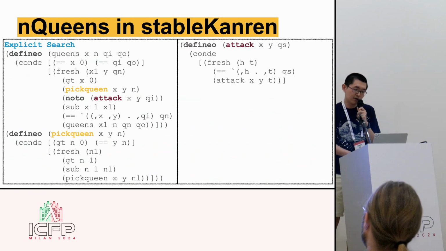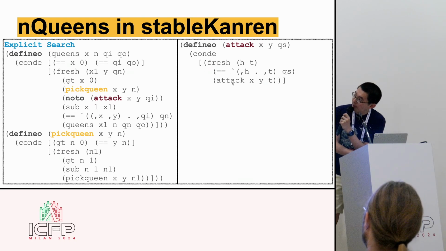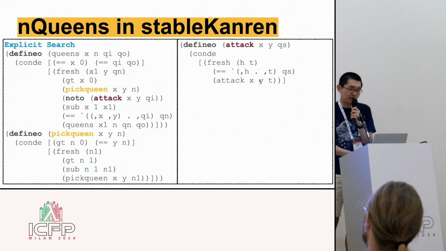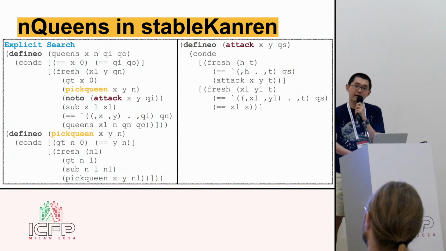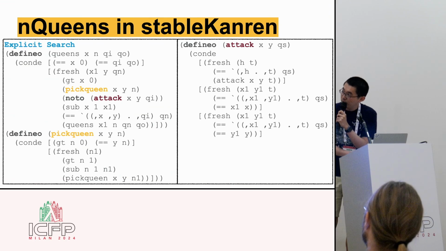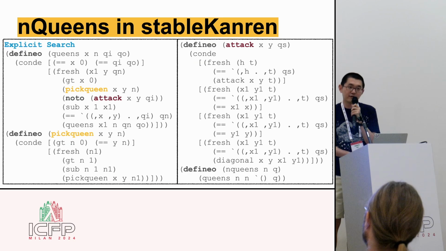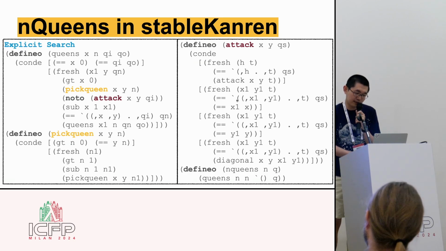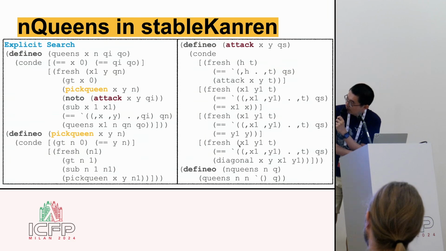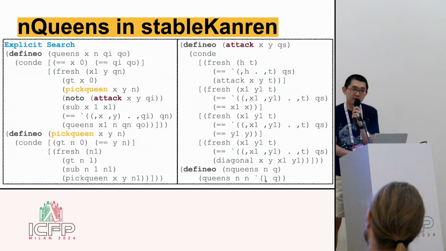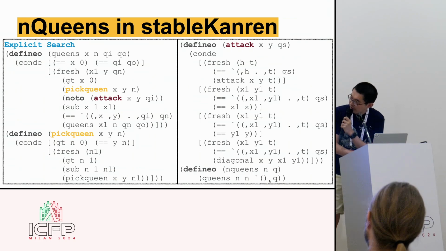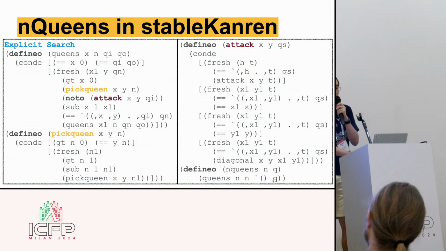Same thing. To check the attack, we iterate through all the existing queens so far and check whether they attack each other on the same row, same column, or diagonal. Then we wrap this interface into one n-queens with a query. This is the accumulator, which starts empty, and the final answer is the query. All right, so far so good.